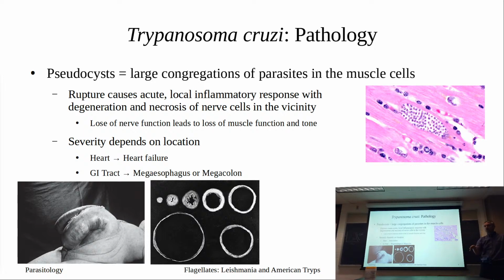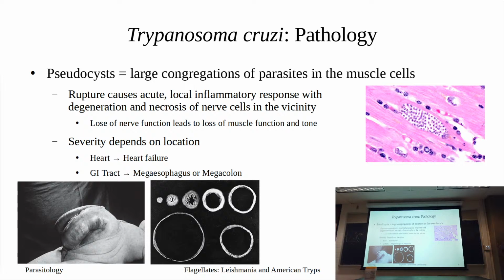If you kill off those nerve cells, the muscle is no longer going to be able to contract. If the muscle no longer contracts, it's going to start to lose its tone. So you lose muscle function and muscle tone. The end result depends on the site of infection.